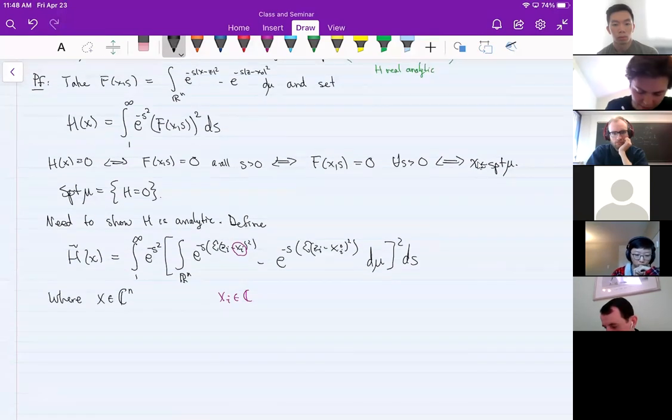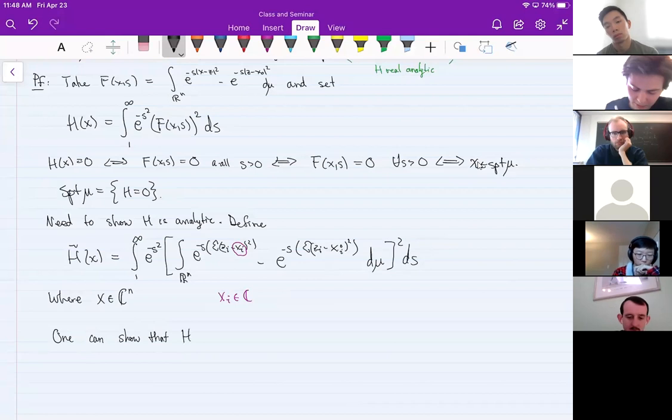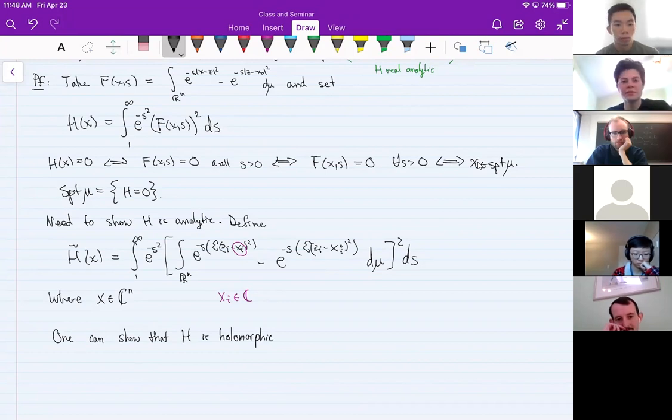And so one can show that h tilde is actually holomorphic. The proof basically is you just write down the definition of the derivative, and then you have to show that this thing exists by doing some dominated convergence arguments and stuff like that, but it's not too hard.